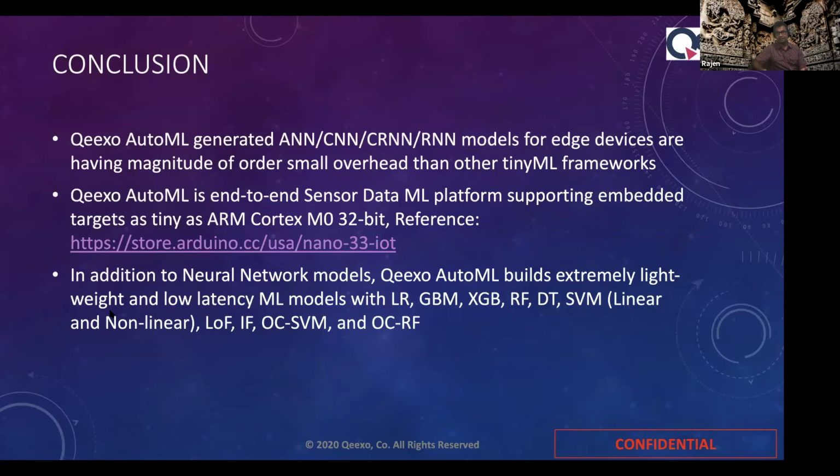Because, as I said, the Qeexo AutoML framework is actually a code that writes a code. So it would basically look at the model and then would generate the C code dynamically on the fly. So it would only generate the C code, which is only required as much as needed to compute the forward pass operations.